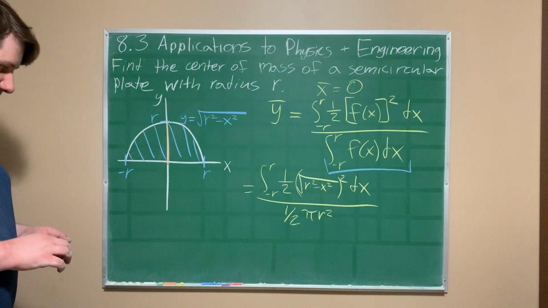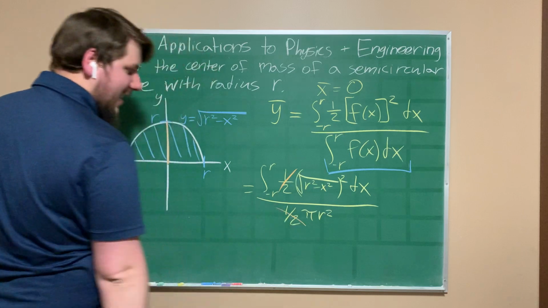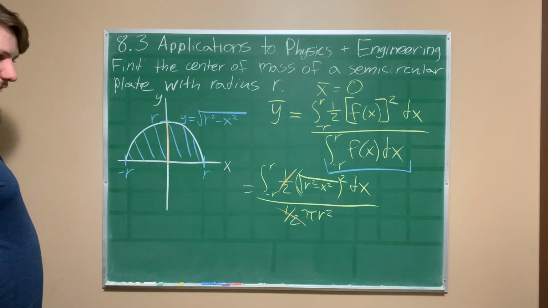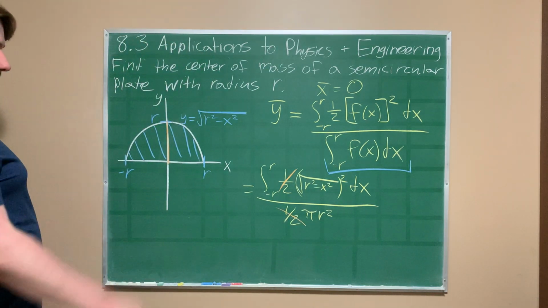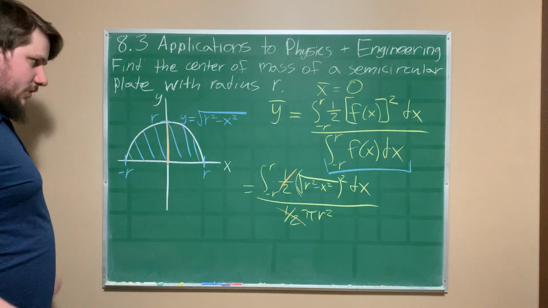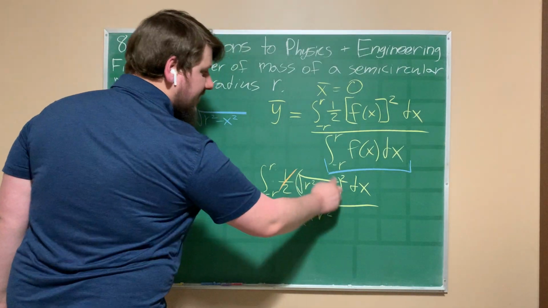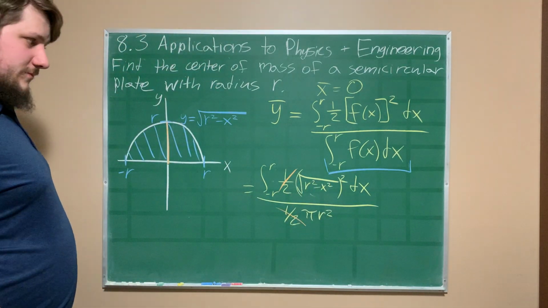Okay, a few nice things are happening here. For one thing, we have a 1/2 in the numerator and a 1/2 in the denominator that can completely go away. The other nice thing is that the integral in the numerator is symmetric. We are going from negative r to positive r, and this expression right here is an even function.